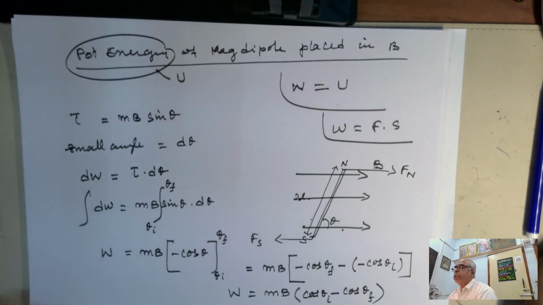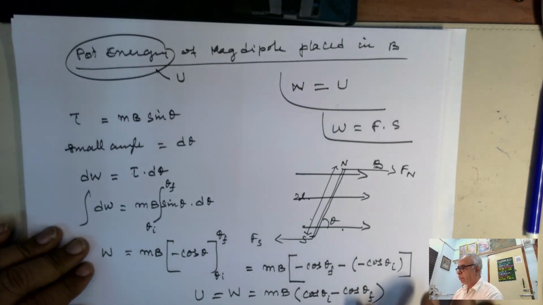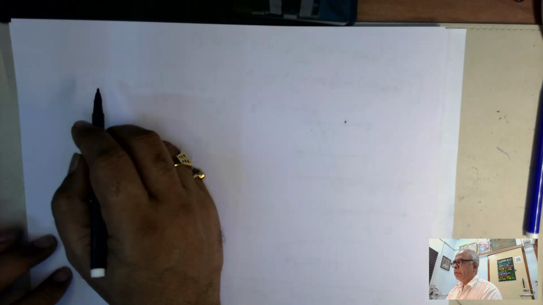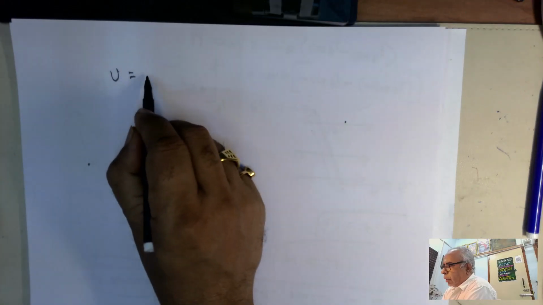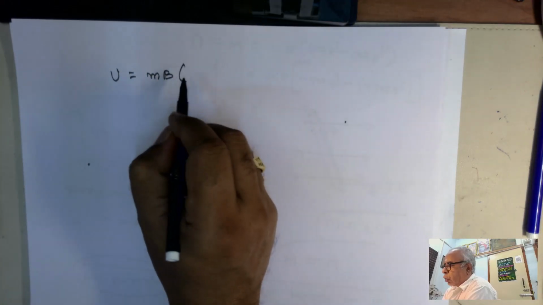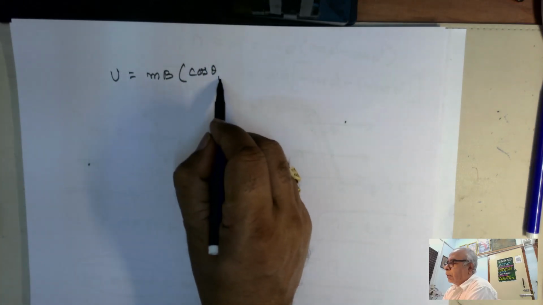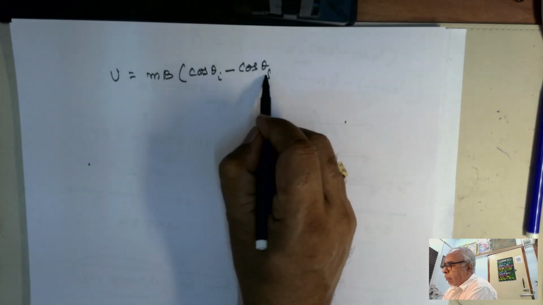This is nothing but the work done, and that is also the potential energy. Therefore, the potential energy due to a magnetic dipole placed in a uniform magnetic field is given by U equal to mB into cos theta i minus cos theta f.